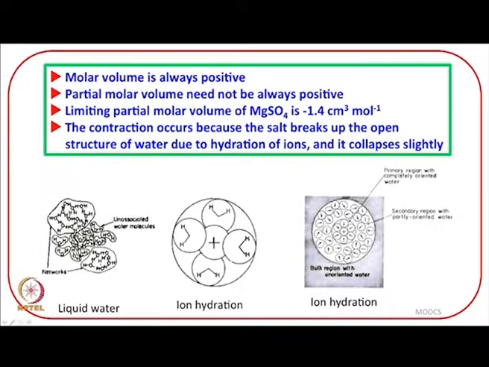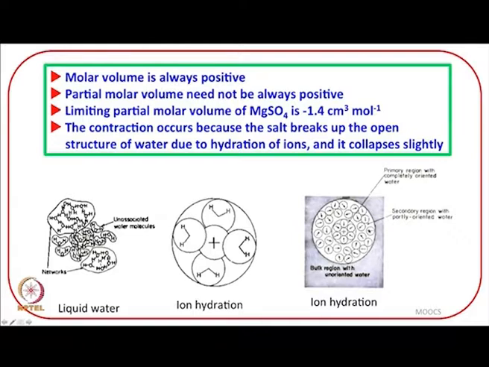This is seen in this figure. This is the structure of liquid water. When an ion is added, the ion under the influence of its electric field will orient some of the water around it. So, these water molecules which are surrounding the ion are not associated with the rest of the water molecules. And here you see the ion hydration, which leads to primary hydration and secondary region.